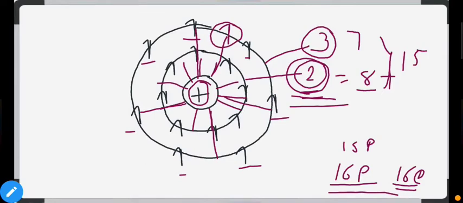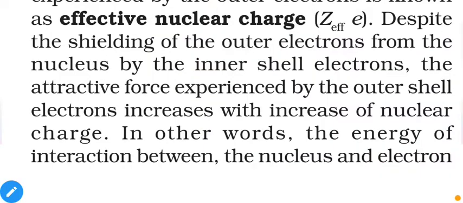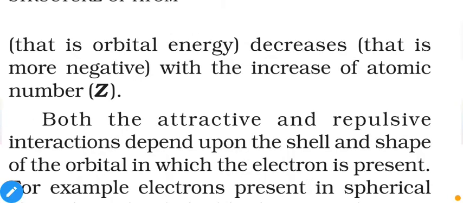That means the outer shell will feel more attraction as the number of protons increases in the nucleus. In other words, the energy of interaction between the nucleus and electron decreases with the increasing atomic number. So that means because of neutralization, energy decreases.